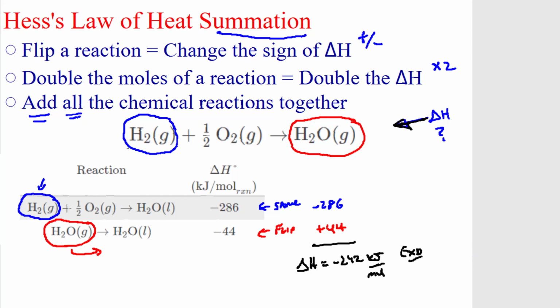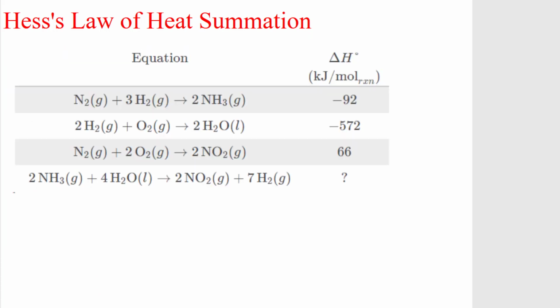And I hope you can see when we flip this second reaction, the liquid water is on the reactant side, which cancels out with the liquid water in the products here when we add everything up. And we're left with the half a mole of O2, which is in my final reaction. But what you want to really do is zero in on the things that are unique to the reaction, okay?